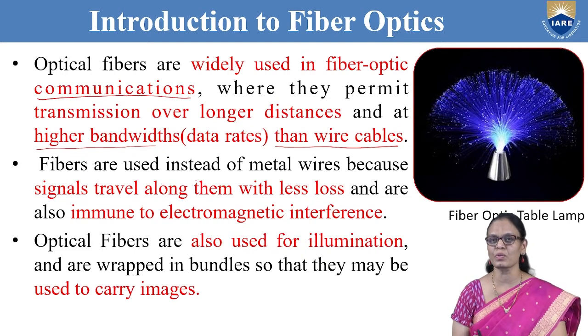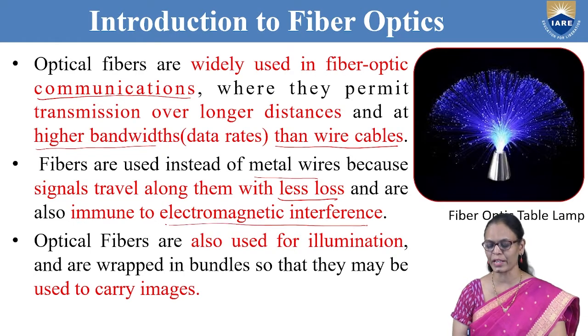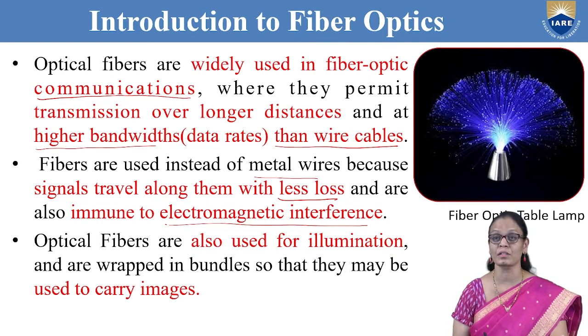So fibers are used instead of metal wires because signals travel along them with less loss, and they're also immune to electromagnetic interference. Electromagnetic interference here represents the disturbance that is caused due to electromagnetic radiation. Because of these disturbances, there may be loss of signal.